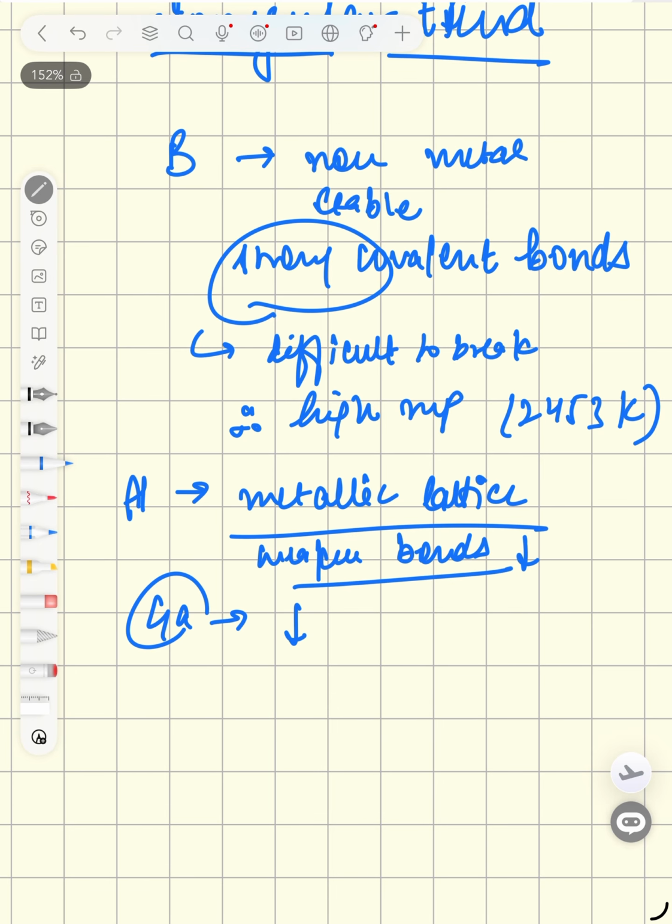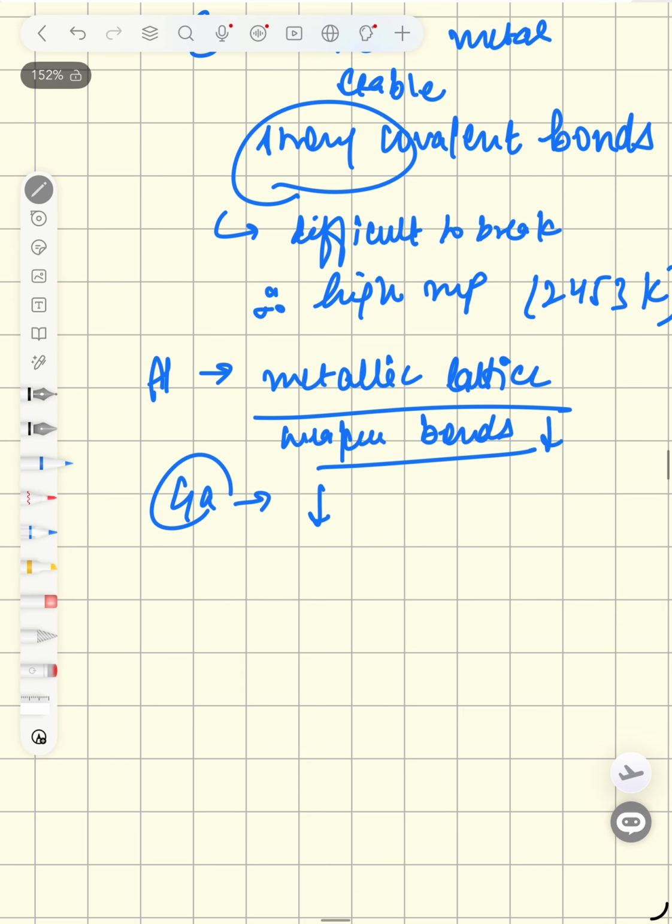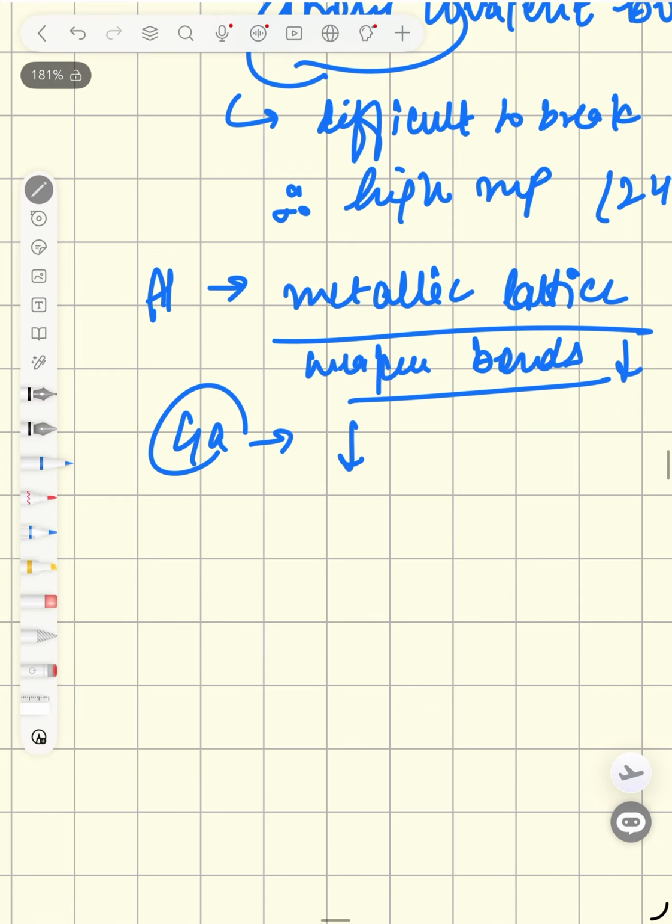For indium and thallium, we see they have comparatively closely packed structure. Therefore, their packing efficiency increases.